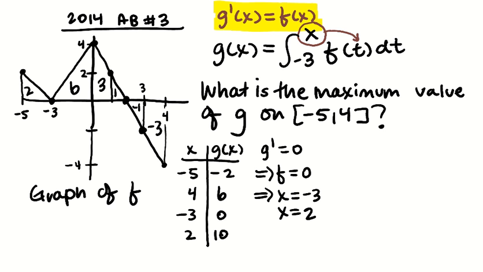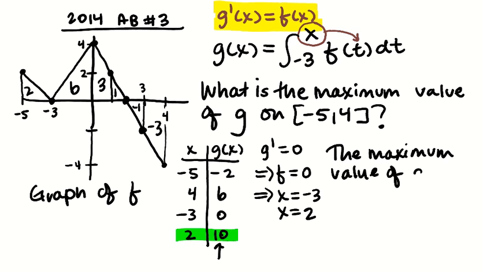So then I conclude that the maximum value of g on the interval is right there. And the value of g is this. It's the y value, not the x value. So I'll say the maximum value of g on the interval -5 to 4 is 10.